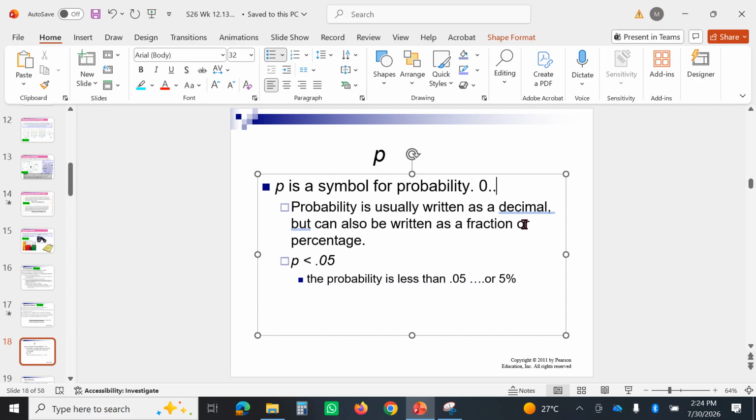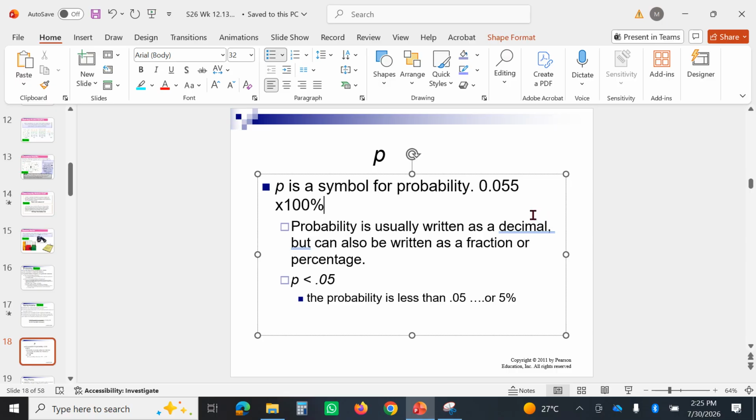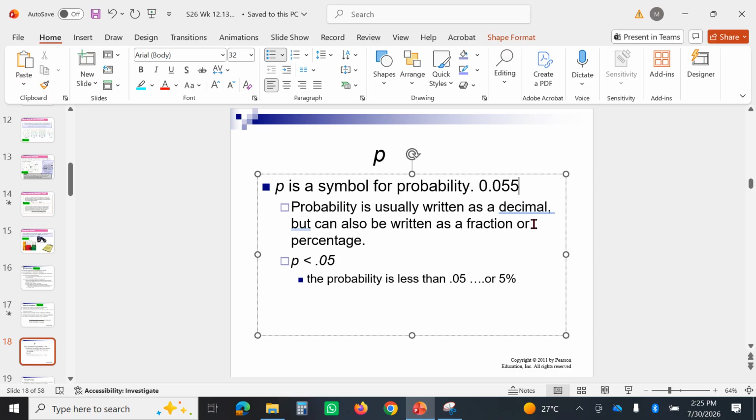The whole idea with the decimal: if you see something like 0.055, you look at that number, that number means 5.5%. Times it by 100% and you get 5.5%. So usually that's how percentages are written, but they can also be written as a fraction or a percentage.